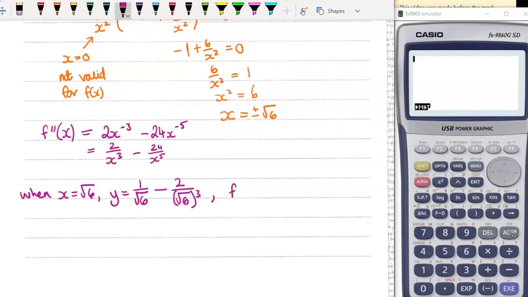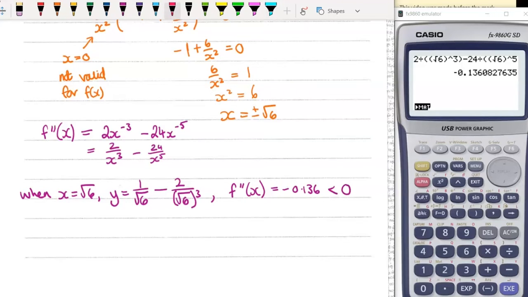And f double dash of x will be 2 divided by square root of 6 cubed minus 24 divided by square root of 6 to the power of 5. I'm just substituting into my f double dash of x over here, which is minus 0.136. It's less than 0.